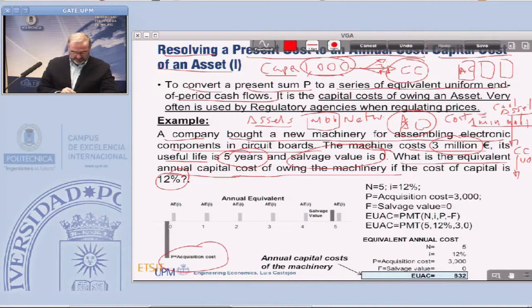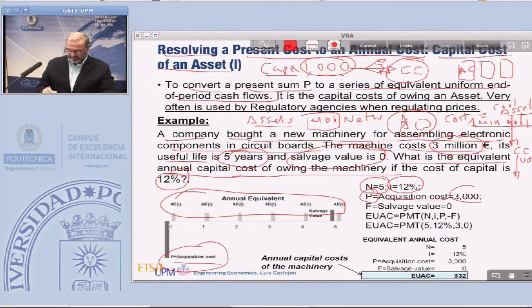As you see here, the net present value of the capex is the same capex. And then we are estimating the equivalent annual cost of using this machine. The useful life is 5 years, the cost of capital is 12%, the present value is the acquisition cost of the machine, 3,000 thousands.